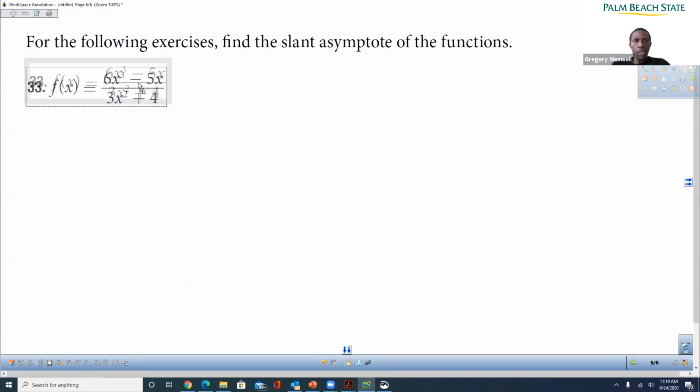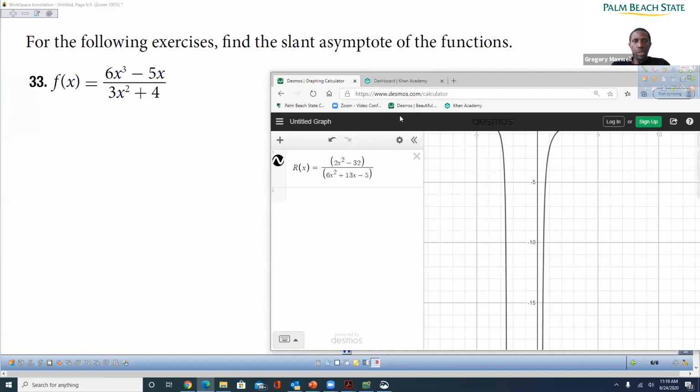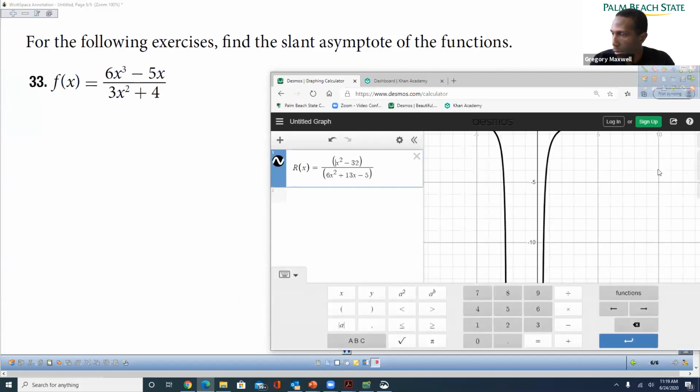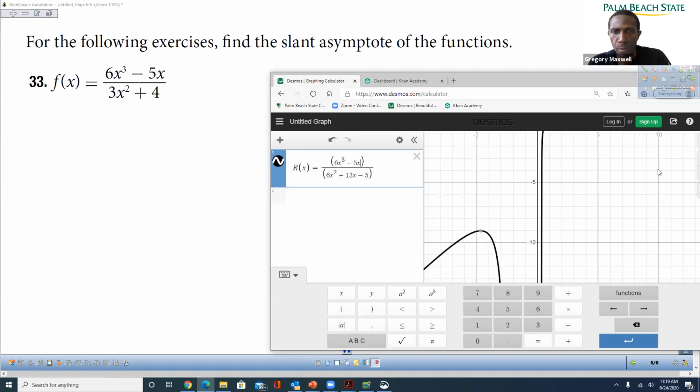So let me show you what I'm talking about with this one. If I go to Desmos and I sketch this graph, 6x cubed minus 5x over 3x squared plus 4.